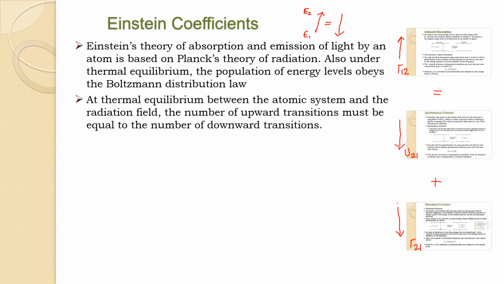So the total downward transition must be the sum of these two. Then gamma 12 must be equal to U21 plus gamma 21.